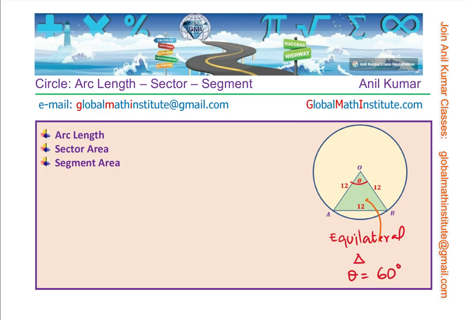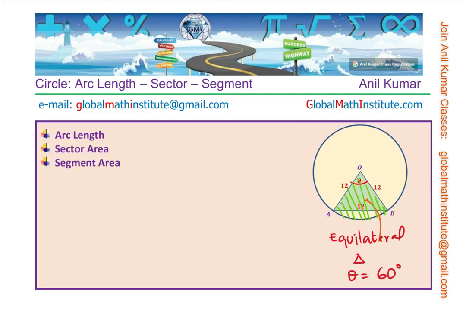So angle theta is 60 degrees, and now we can find the circle area and take the ratio for which this sector area can be calculated. So as we did last time, I'd like you to pause the video, find the answer to find the sector area defined as shown by these hash lines.